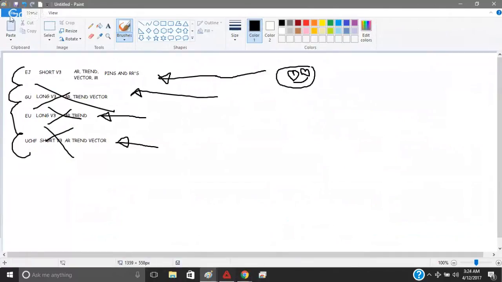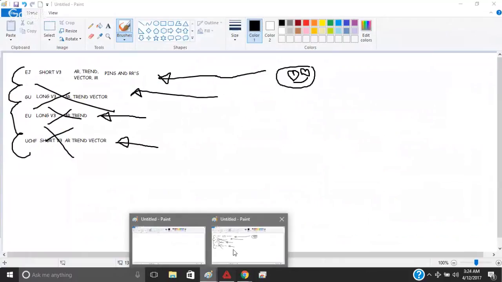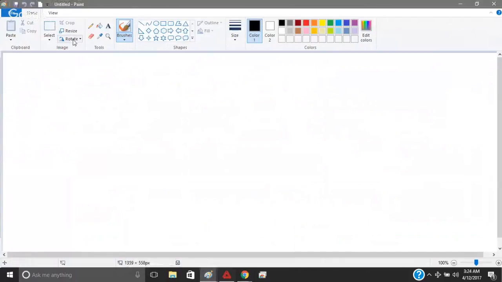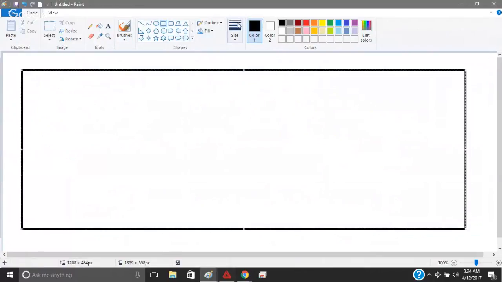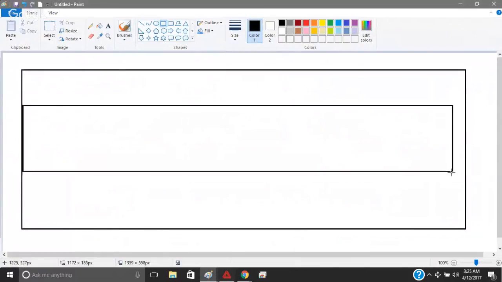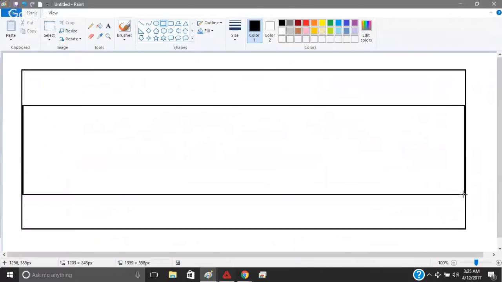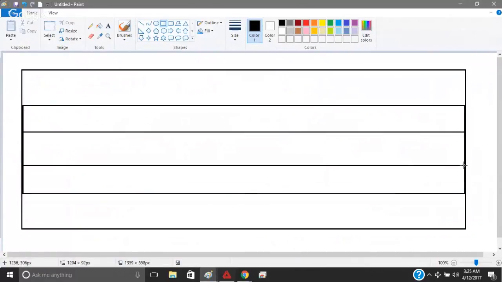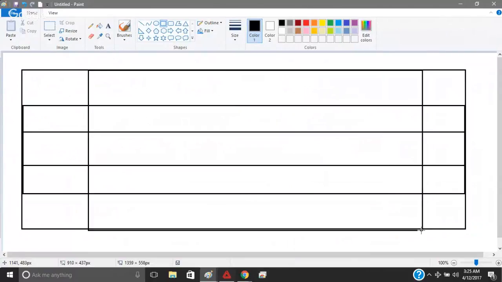Another way you can do this. Okay, you go ahead and take a grid. So let me make this a bit smaller. Go ahead and put together a grid.